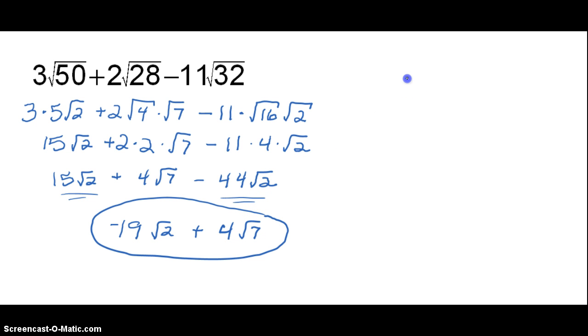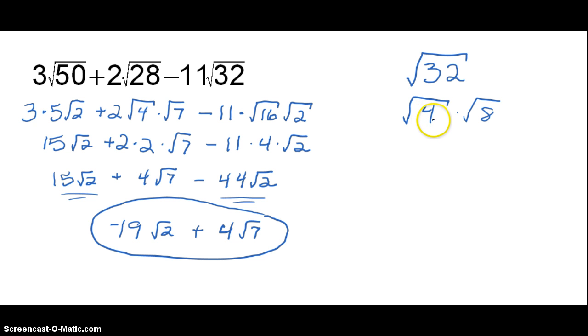Now, I want to comment on the square root of 32. If you did not pick up on 16 being the largest perfect square, maybe your first instinct was to go with 4 times 8. You want to pick perfect squares though.